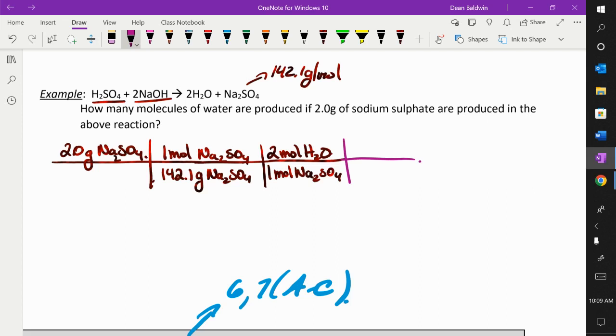Now, they want molecules of water. I don't know why you would want molecules of water, but they want molecules of water. So I got to get from moles to molecules, which involves what special number? Avogadro's, right? So that means 1 mole of water has 6.02 times 10 to the 23 molecules of water. Okay. And then you're going to tell me the answer, please.